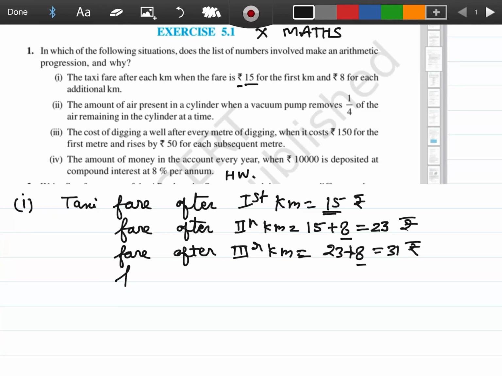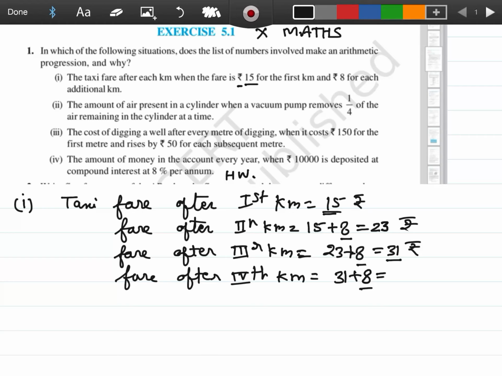And the fare after the fourth kilometer, what will it be? Up to 3 kilometers the charge was 31 rupees, and for the 4th kilometer again we add 8 rupees to the previous charge.